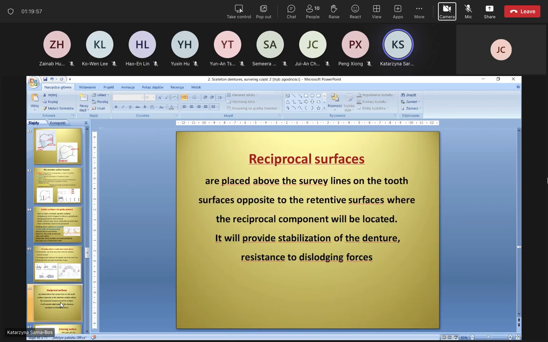And reciprocal surfaces are placed above the cervical lines on the tooth surfaces opposite to the retentive surfaces, where the reciprocal components will be located. It will provide stabilization of the denture and resistance to dislodging forces.